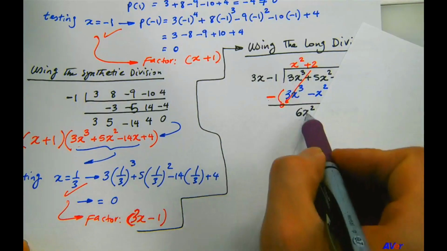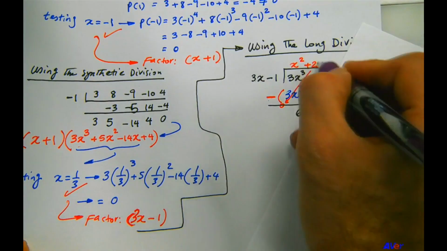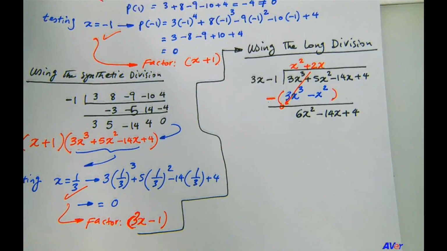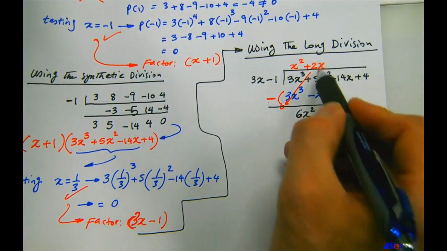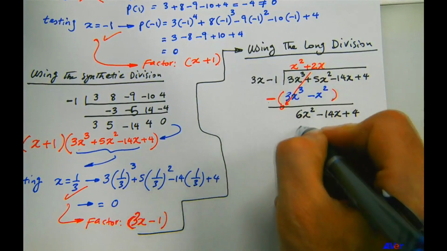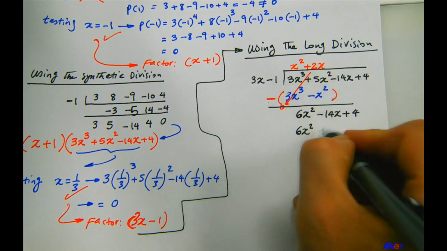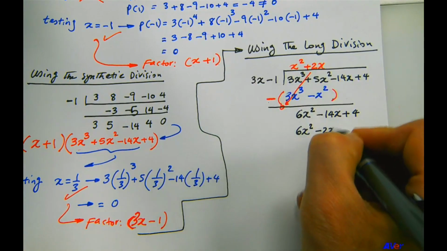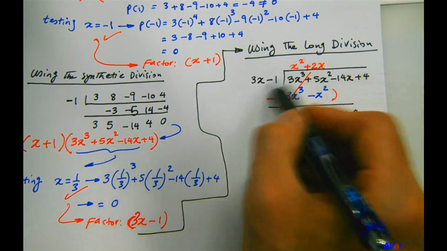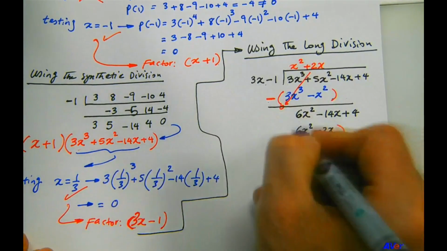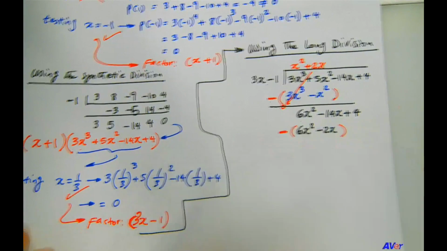We want 6x squared, so we also need an x next to that. Okay? So 2x times 3x is 6x squared. 2x times minus 1 is minus 2x. As soon as you run out of terms to multiply 2x by, put a parenthesis around this and put a minus in front.